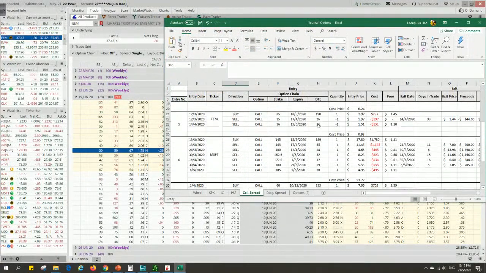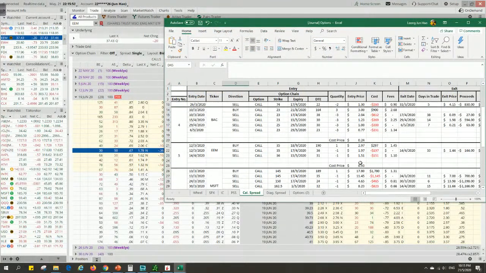So this is the journal for my EEM trade. You can see that currently the cost price of my trade is at 93 cents, and these are the trades that I've executed so far. All right, let's look at it.